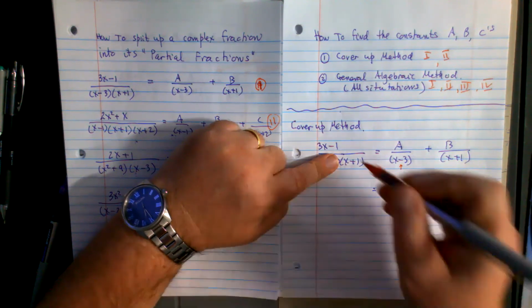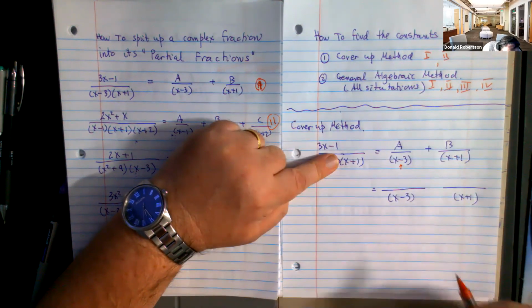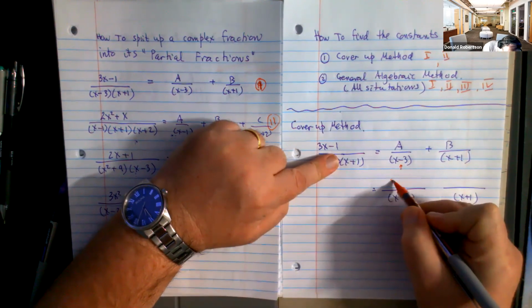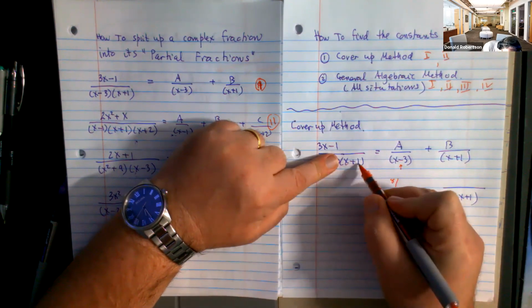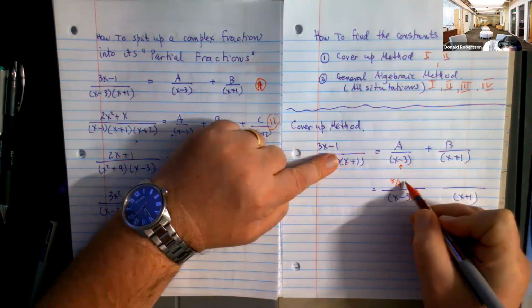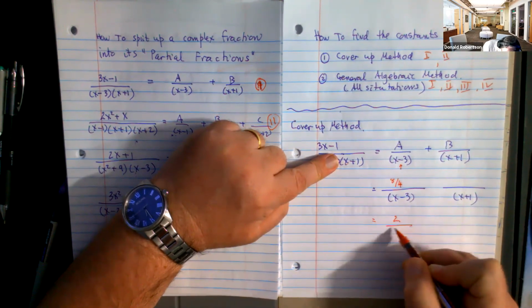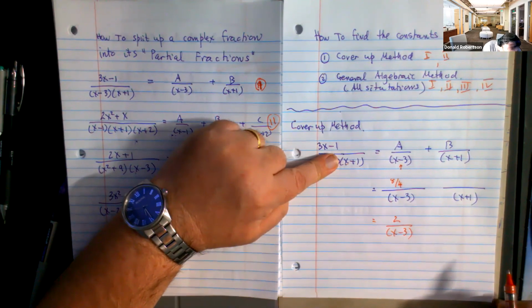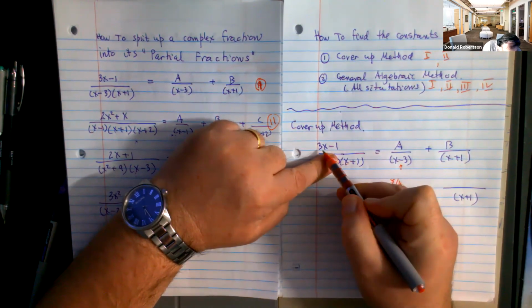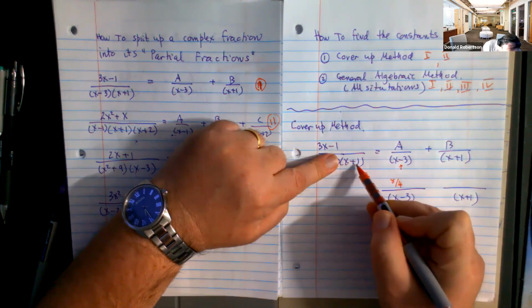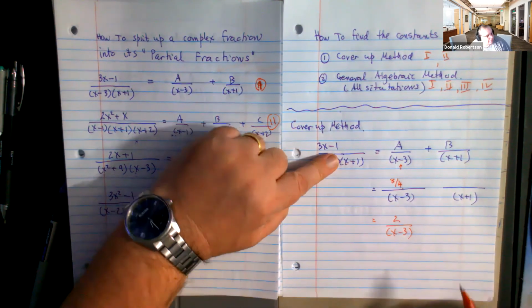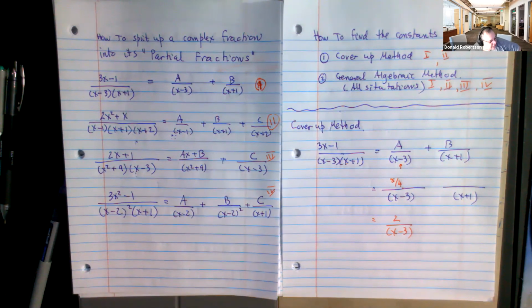Plug that into this guy and you've got your answer. 3 lots of 3 is 9, take away 1, you got 8. 3 add 1 is 4, you get 8 over 4. Hey, there's your answer. It's a 2. Would you agree that's magic? There's no reason in the world why that should work.